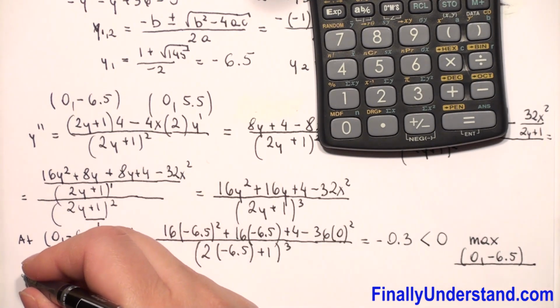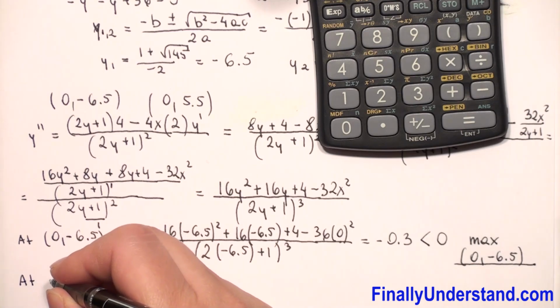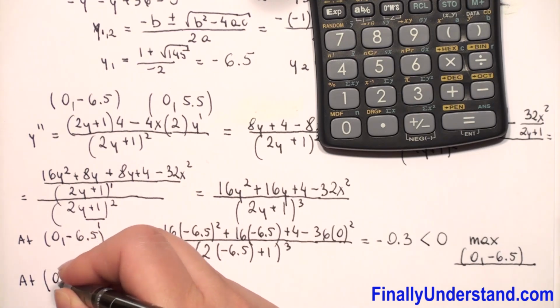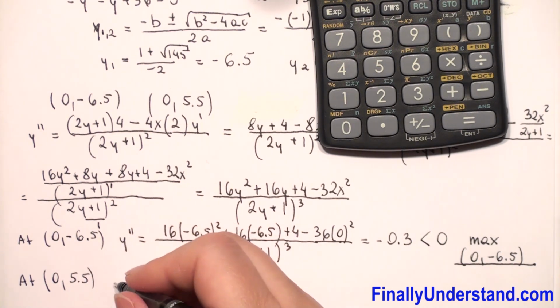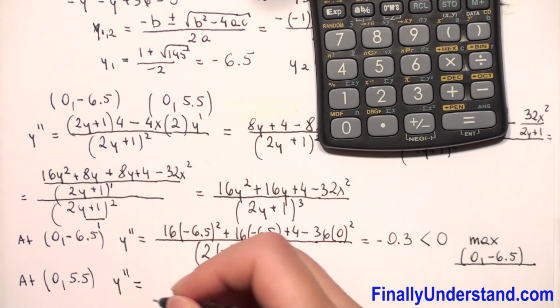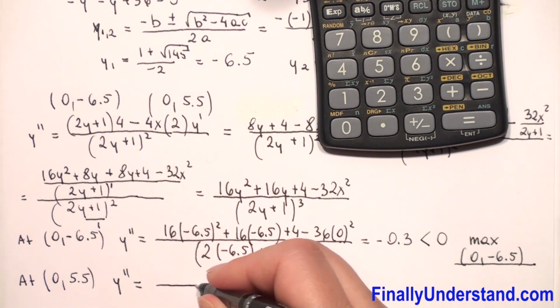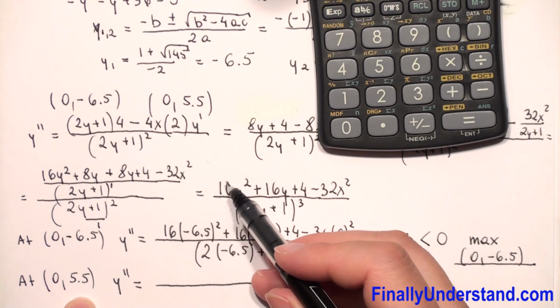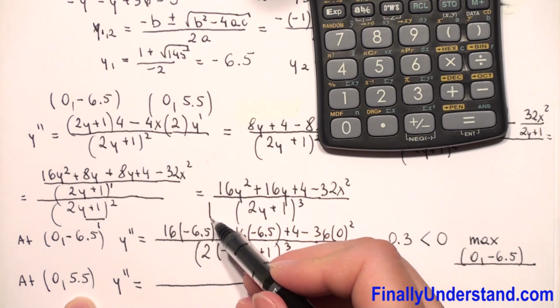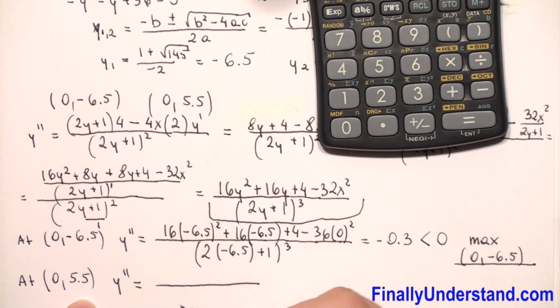Now we have to check the value of the second derivative at point 0, 5.5. So y double prime is equal to, now we replace x by 0 and y by 5.5 in our second derivative formula.